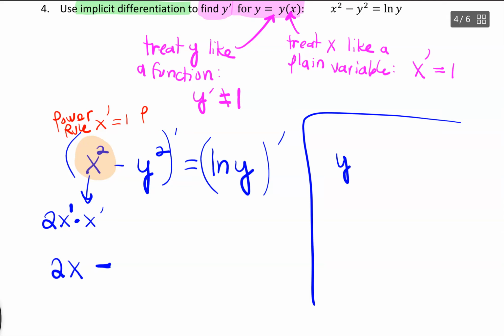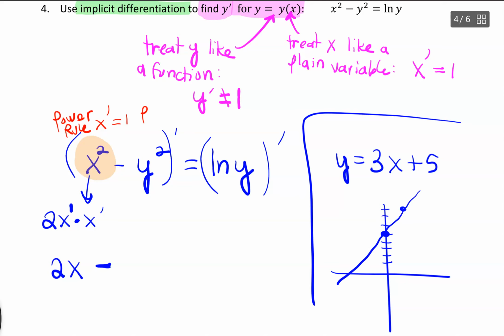So like, for example, if I gave you this equation, y equals 3x plus 5, that's a y-intercept of 5, and the slope would be up 3 over 1, right? So the derivative of a linear function is the same as the slope of that function.